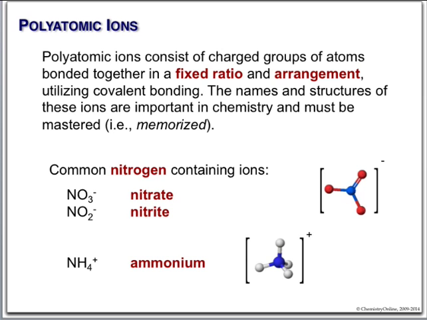Here it is. This should remind you a lot of what we saw for methane. The same geometry, nitrogen in the middle, 4 hydrogens, and a plus charge. This, by the way, is nitrate, nitrogen in the middle, 3 oxygens around it.